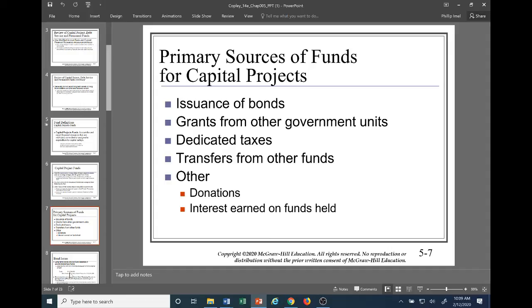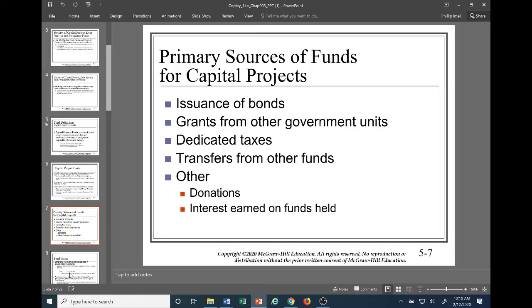So now let's talk about some primary sources of funds for capital projects. So where's the money coming from for this type of a fund? We can issue bonds, right? We all know what issuing a bond is. Grants from other governmental units. So other governmental units can give us grants. Dedicated taxes, so we can actually dedicate certain taxes and earmark them towards capital projects.